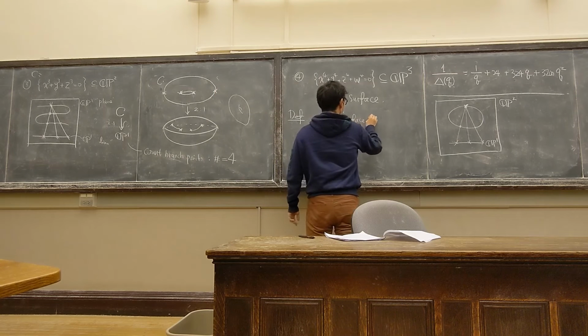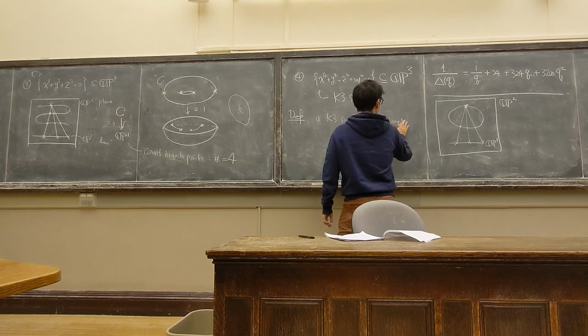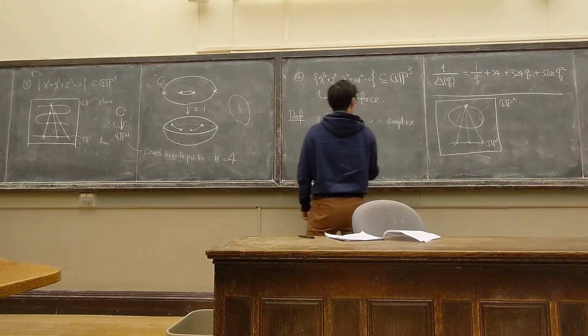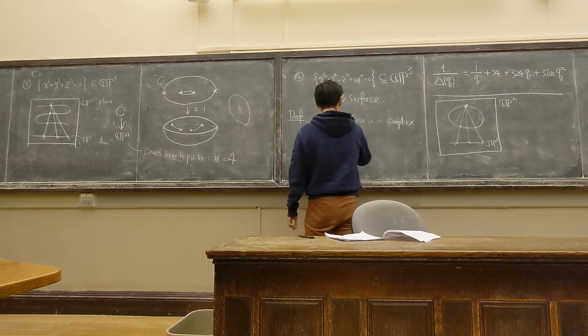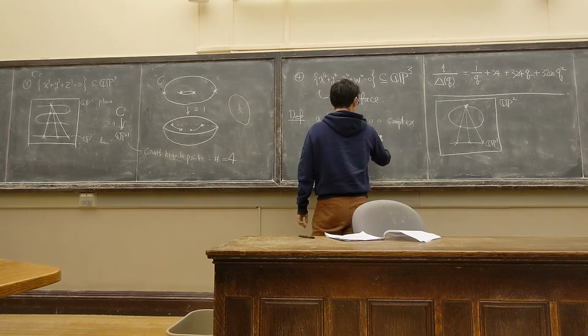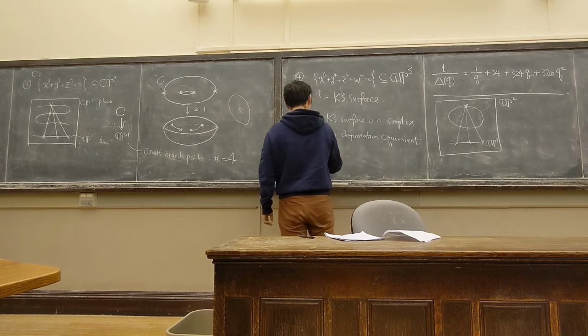A K3 surface is a complex surface, or complex two-dimensional manifold, which is deformation equivalent to this.